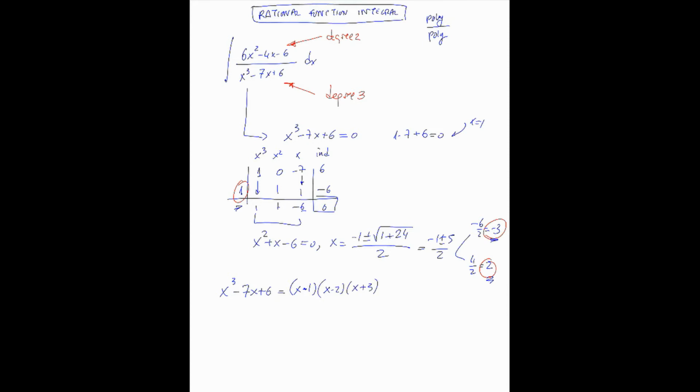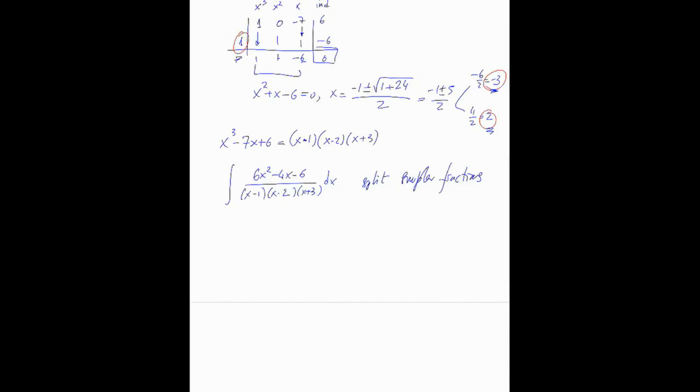And therefore we have to compute the integral of 6x squared minus 4x minus 6 over x minus 1, x minus 2, x plus 3 dx, for which we need to split into simpler fractions. To do that splitting, we have 6x squared minus 4x minus 6 over this product equals A over x minus 1, next B over x minus 2, and C over x plus 3.